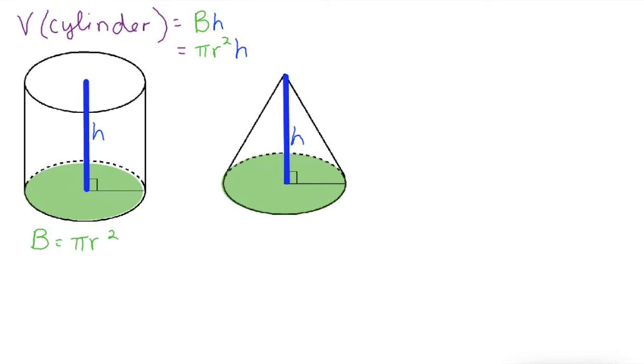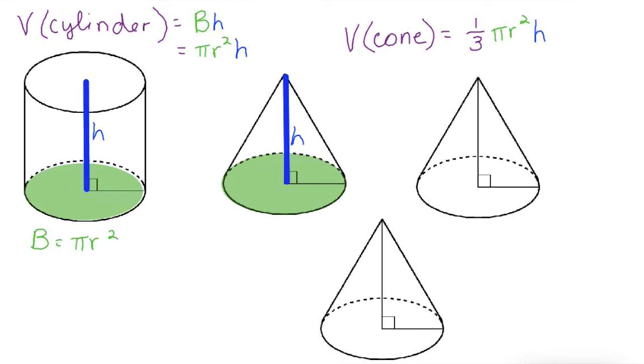And the heights are the same as illustrated in blue. So remember, from our experiment, it took 3 of the cones that have the same area of the base and the same height to fill up one cylinder. So our volume of a cone is 1/3 pi r squared h.